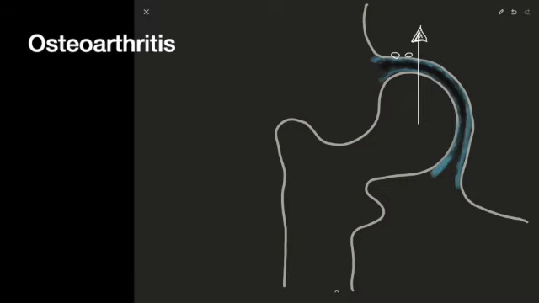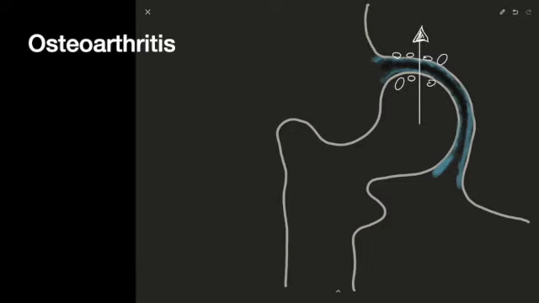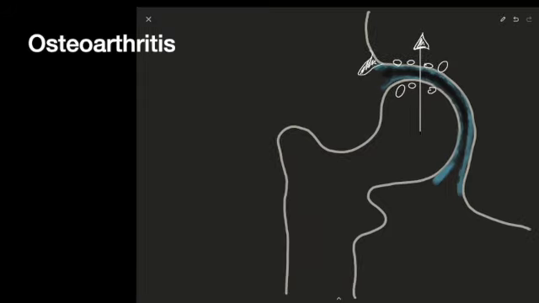Then secondary changes are that there are small little cysts in the bone, and these cysts are very close to the cartilage and they are on both sides of the joint. So they are on the acetabular side as well as the femoral head side. Now, as a reaction of the wear and tear inside the joint, the bone forms osteophytes.